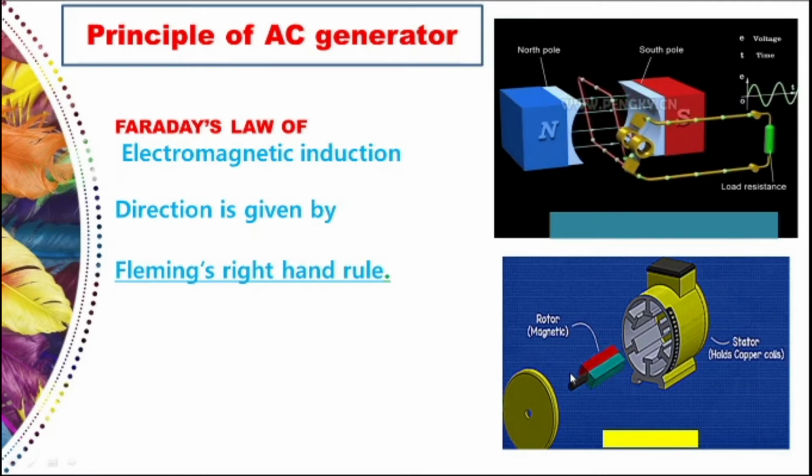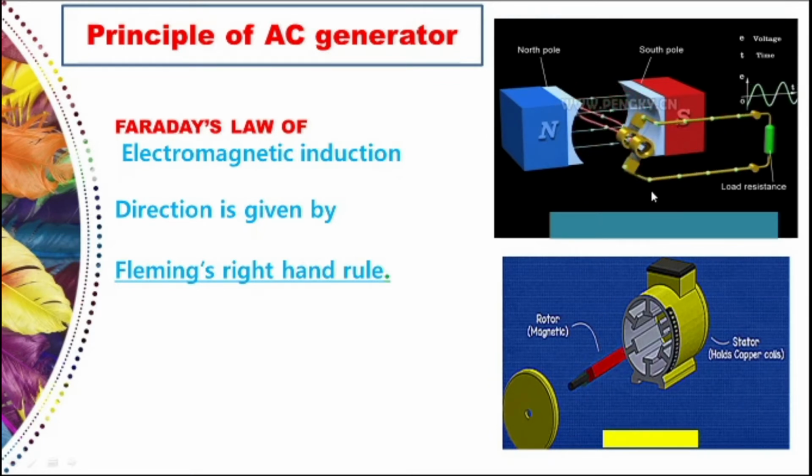An alternating EMF is generated by rotating the coil in a magnetic field. Here the magnetic field is permanent. Only the coil is rotated in a permanent magnetic field, in the sense, a stationary magnetic field. That is, we keep the magnetic field stationary and rotate the coil. Here, if you see, there is a stator. That is, here the coil is stationary and the magnetic field is rotating.